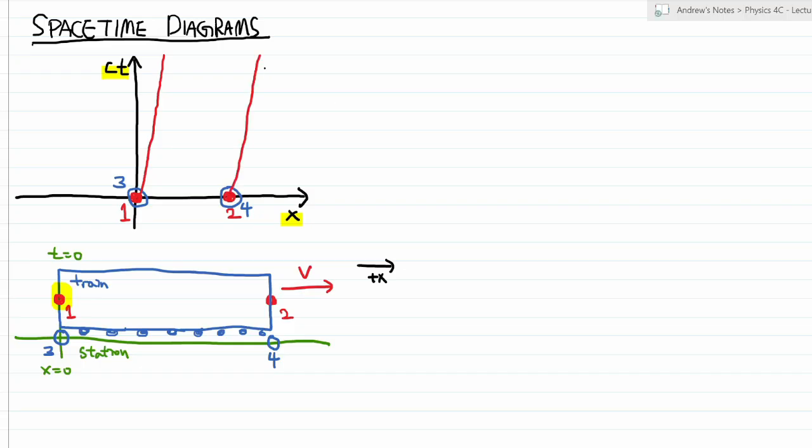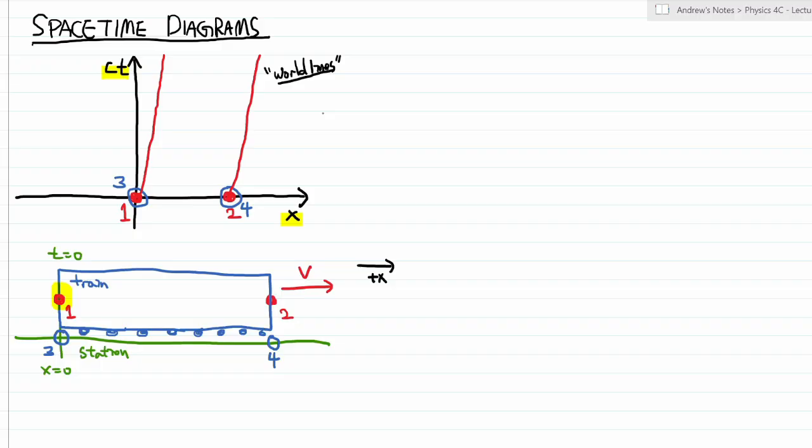We call these lines world lines. I guess we give it a different name than trajectory because usually when you think about trajectory, you are thinking of a path traced out by an object in space, and often we forget about the time information. But on a space-time diagram, the time information is very important.